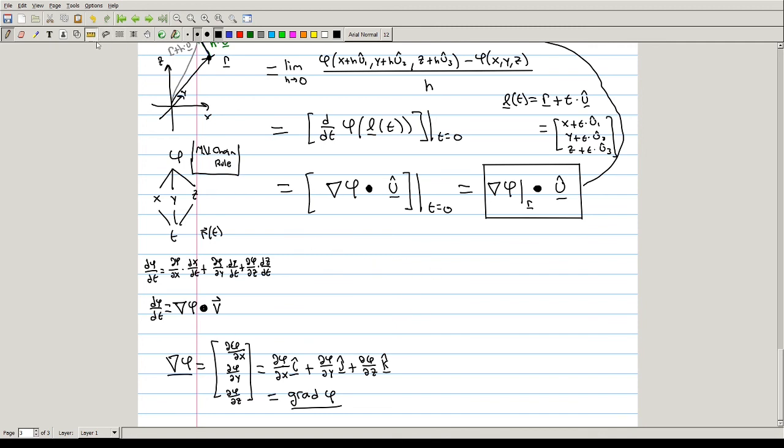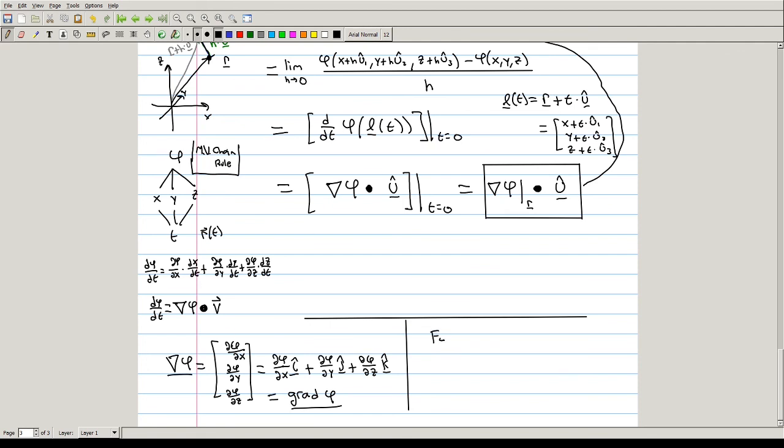So one of the things that I'll ask you to remember, back from chapter 6, is one of our fundamental relationships for the dot product between vectors.